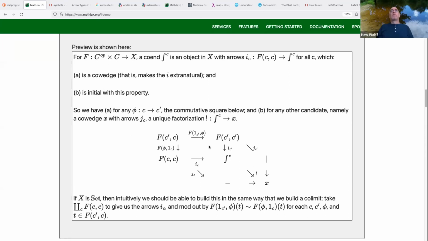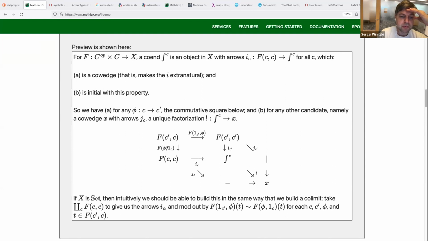Yes. And the interesting thing about it is that you have to begin on the left upper corner of this diagram with f of c prime c. You can map this into f of cc by mapping the first argument, c prime to c, because it's contravariant.